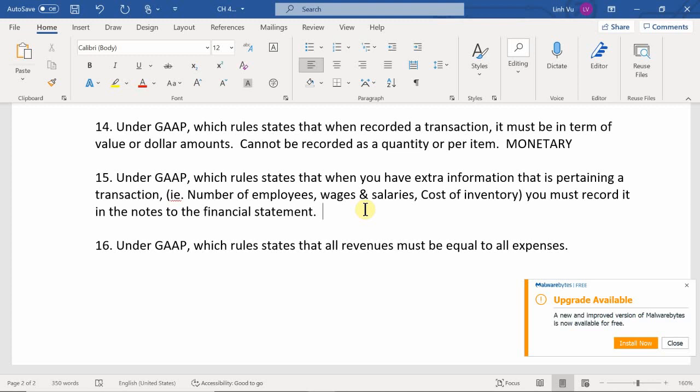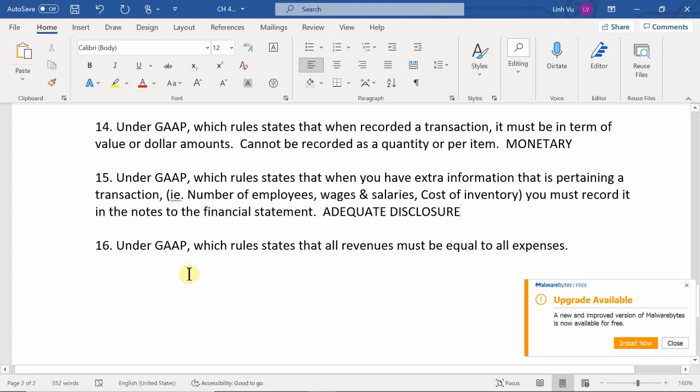Is it adequate disclosure? Yes. When you have extra information, you need to be able to post it to an area, not your journal, and that's going to be your notes to the financial statements.